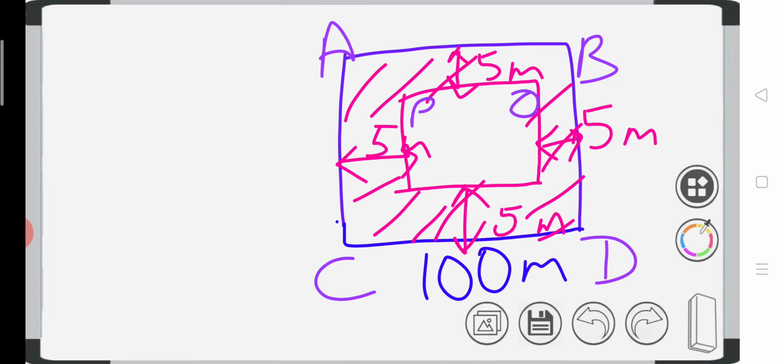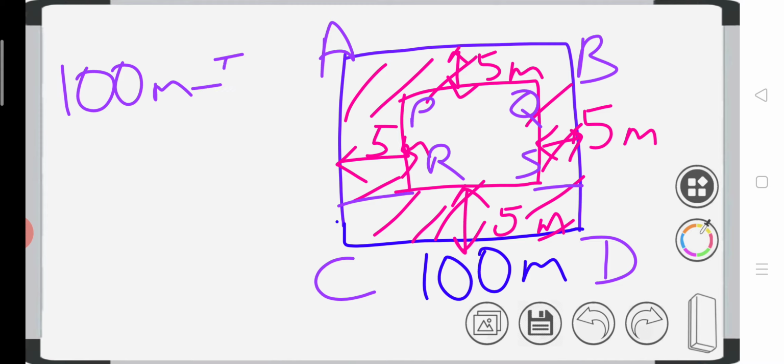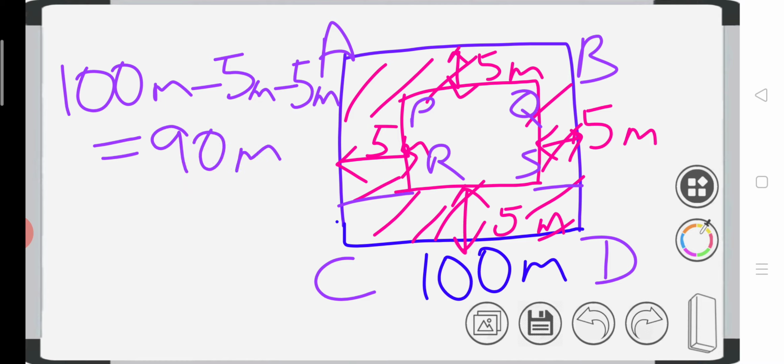Name it as PQRS. So the length of PQ will be, this is 5, this is also 5. So 100 meter minus 5 meter minus 5 meter, you will get 90 meter. So the length of PQ is 90 meter.